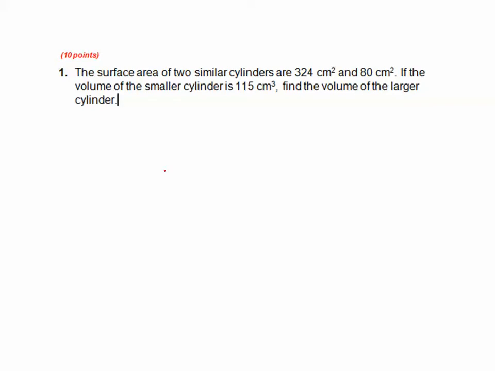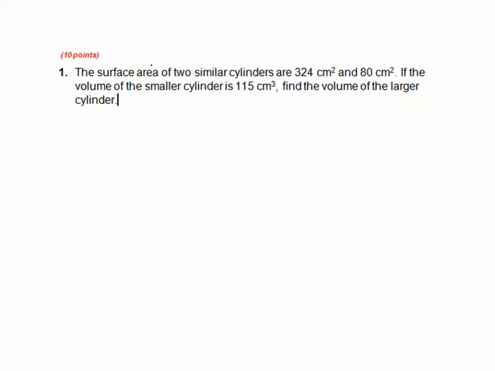Okay, the first one says the surface areas of two similar pyramids are 324 centimeters squared and 80 centimeters squared. If the volume of the smaller cylinder is 115 centimeters cubed, find the volume of the larger cylinder. What we want to do first is find the ratio used to get the scale factor.